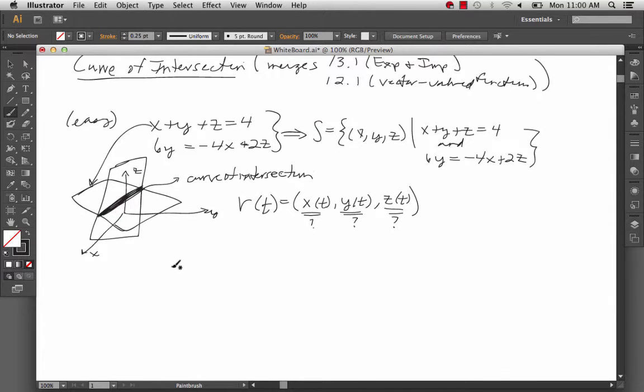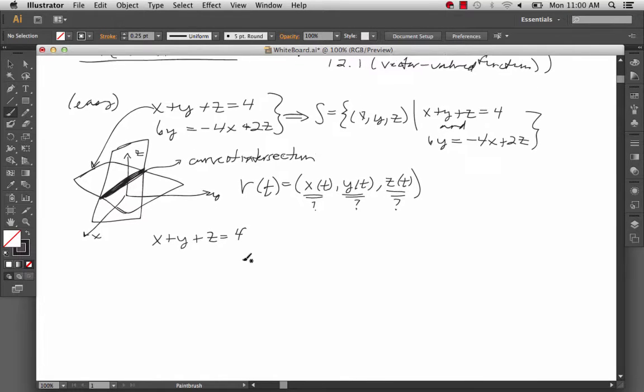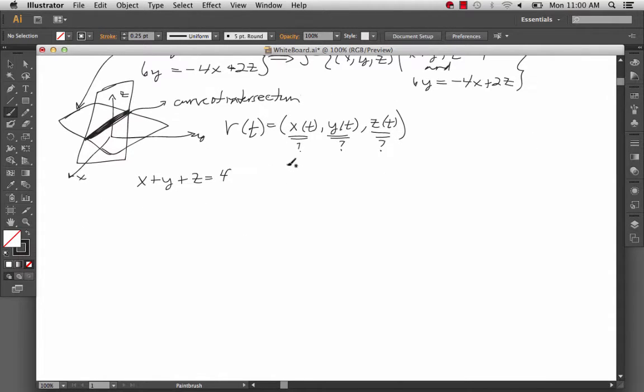Let's consider the following. We need to reduce these two equations down to a single variable, and I will show you how this process works. So let's take this first equation, and let's take the other equation, 6y is equal to negative 4x plus 2z.